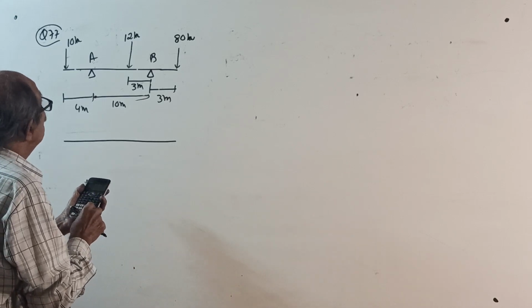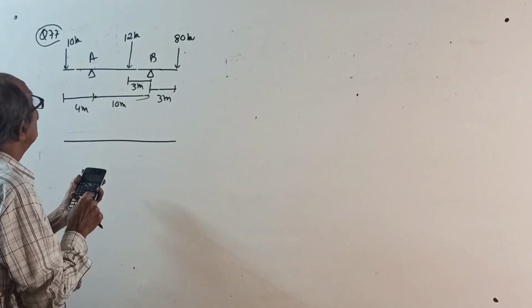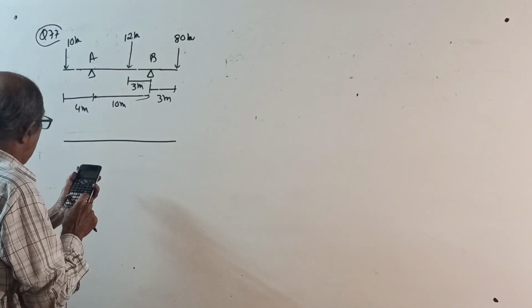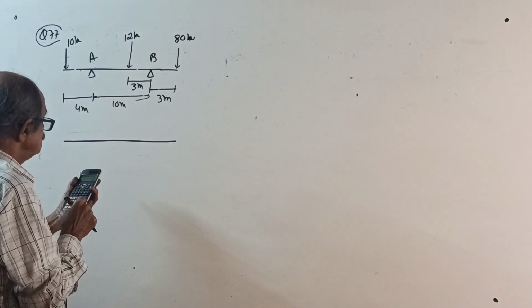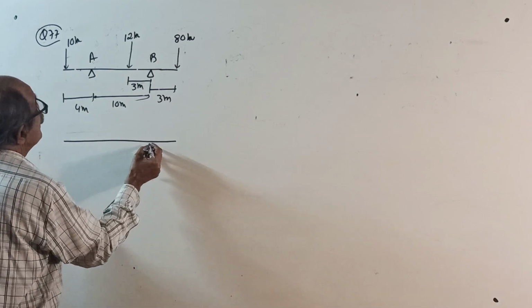Took long distances, no problem. 12 into 7 plus 80 into 13 minus 10 into 4 divided by 10 gives 108.4 kilonewton.